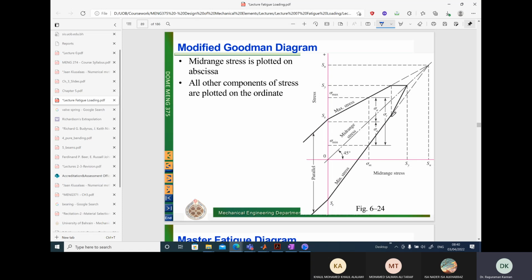However, it is also further modified by drawing a vertical right at this point and taking this as the failure envelope. Okay. We generally do not follow this method. So the line over here will be taken as the maximum stress and minimum stress, and we have the mean stress right in the middle.